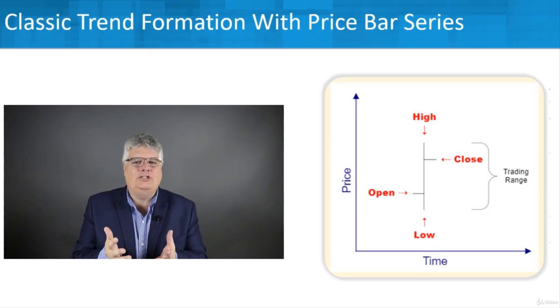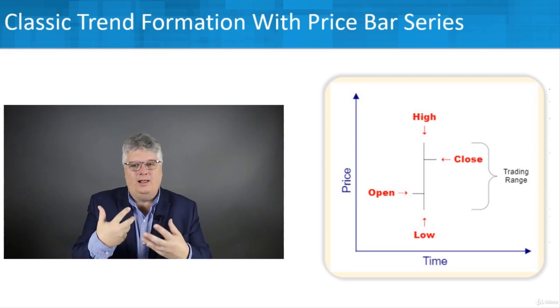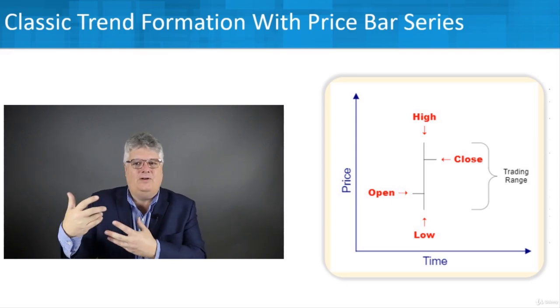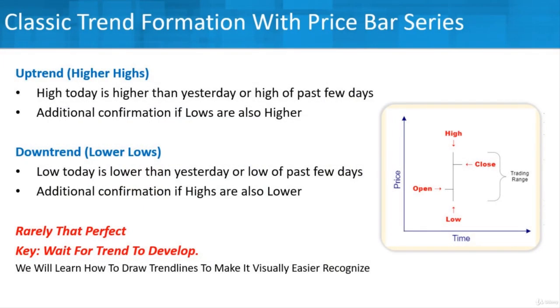So if we look at classic trend formation with price bar series, so we're looking at price bars, open, high, low, close, over a period of time. If you're looking at a series that tends to be uptrending, the highs are higher. You have higher highs. Each day, the high is getting higher than the day before.